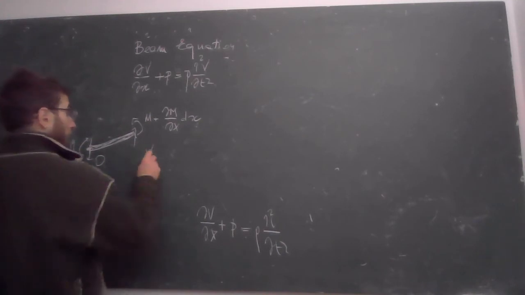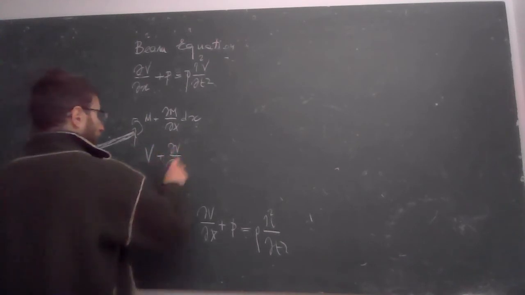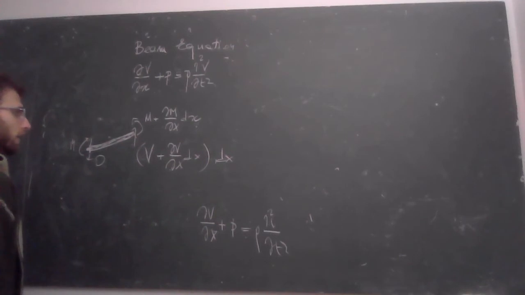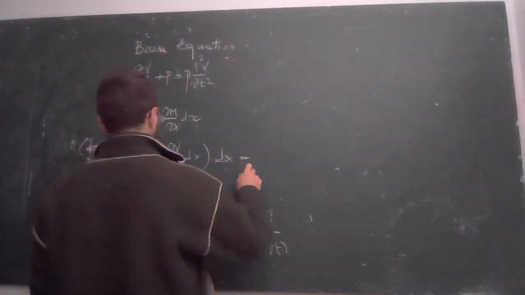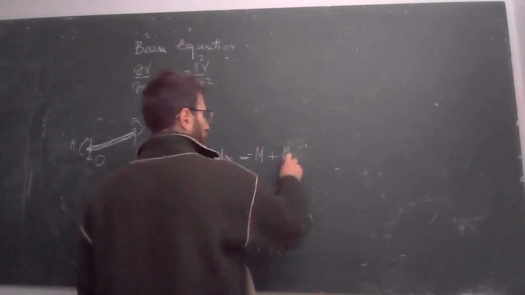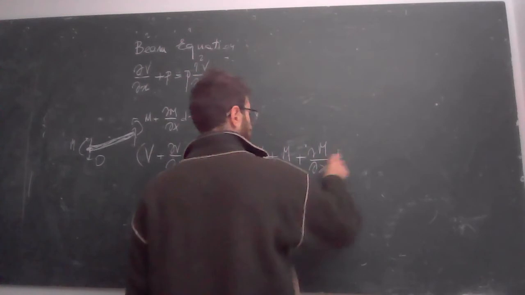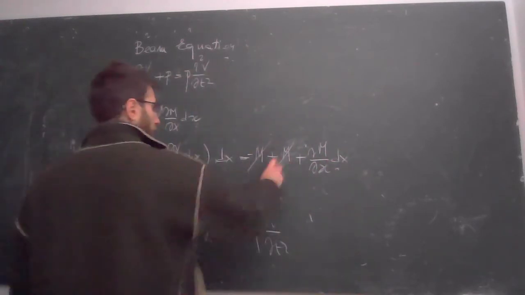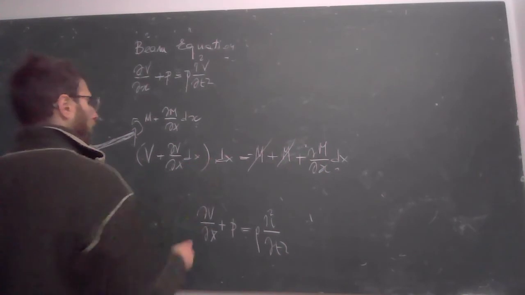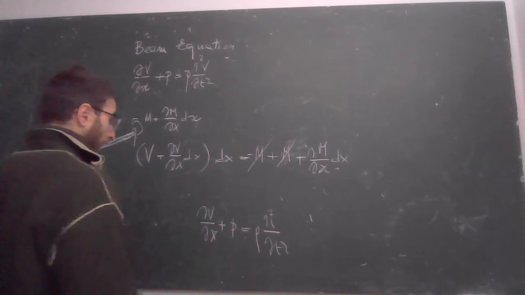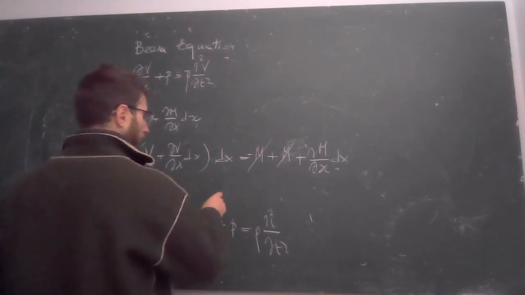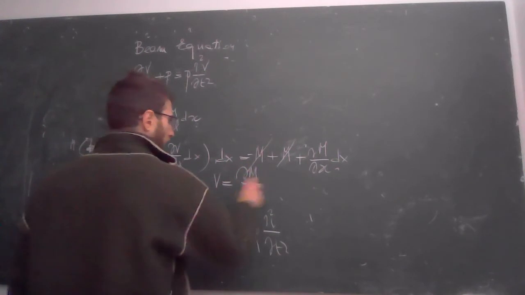V plus dV over dx times dx, which is the lever arm, is equal to minus M plus M plus dM over dx dx. This term is too small, it is dx squared, so we neglect it, and the equation yields the following, that is V is equal to dM over dx.